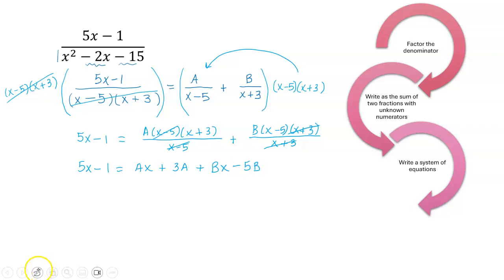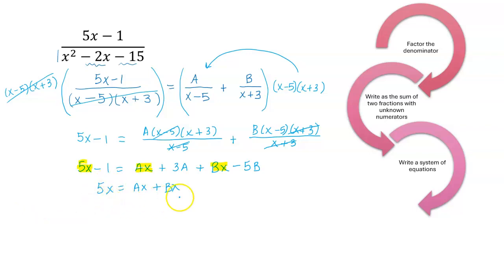And I'm going to just do a little bit of rearranging. I'm going to highlight things for a minute so you can see this 5x is like terms with this ax and this bx. So if I rewrite this, I have 5x on this side, and there's no x in this minus 1, so I'm just going to look at that side as 5x.